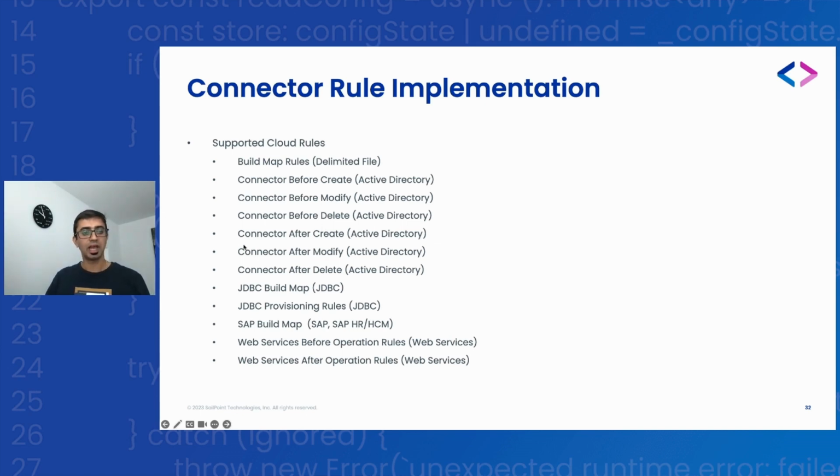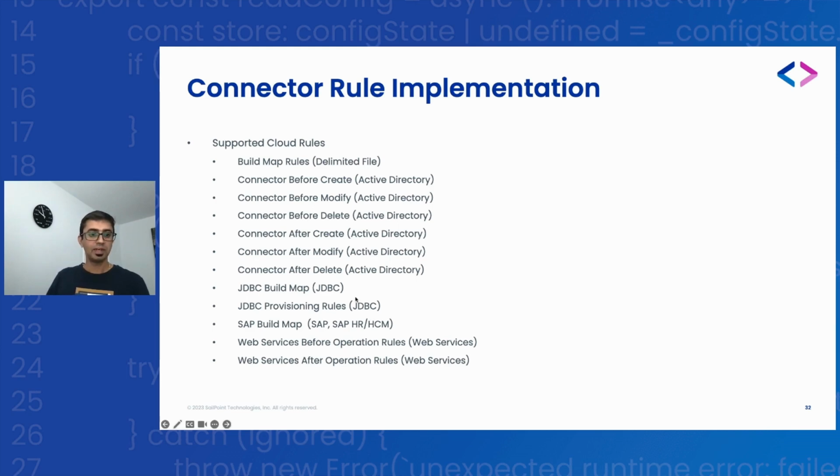And similarly, we also have connector after create, after modify, and after delete rules. That's again for Active Directory, which supports invoking custom PowerShell scripts on the Active Directory, and those PowerShell scripts will be executed on the IQ service.